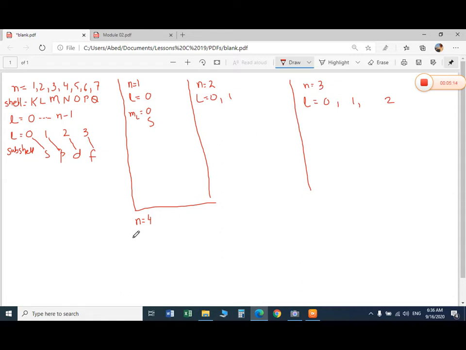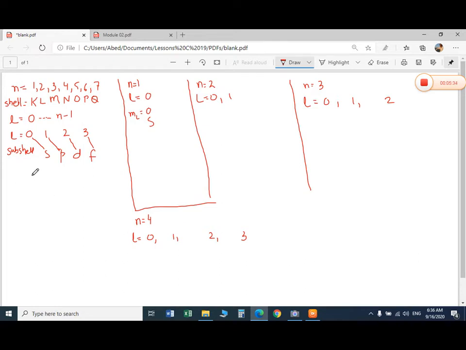And if n is equal to 4, L will be equal to 0, 1, 2 and 3, not 4.